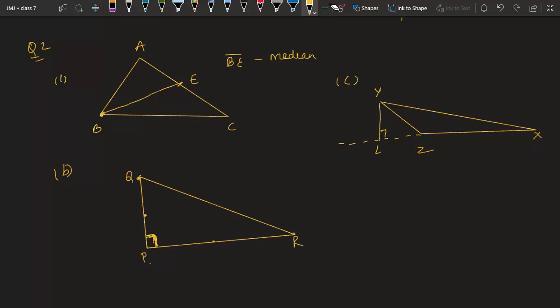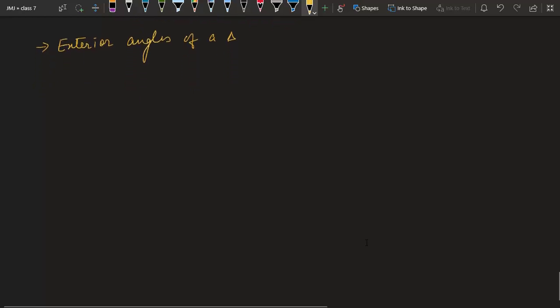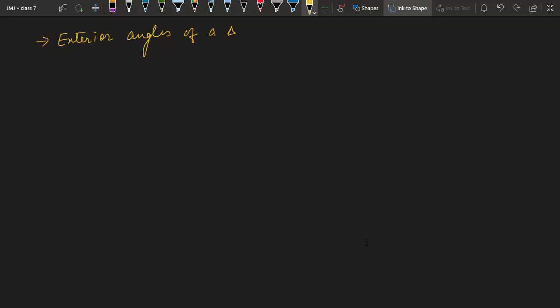This is the rough diagram for this question. Okay, now let us see the next concept. The next concept is exterior angles of a triangle. We have seen there are three interior angles in a triangle. Interior means the angles which are coming inside the triangle. Now we'll try to understand what are exterior angles.